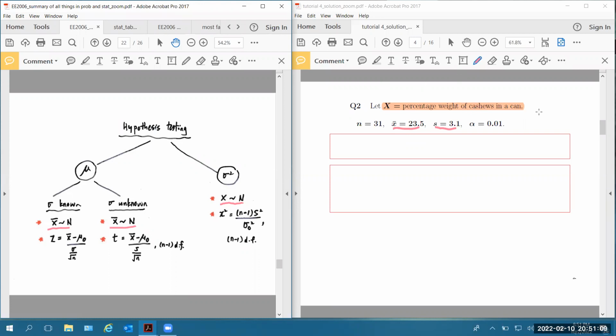It's going to be the mean. I hope it's quite intuitive that to express the inspector's belief, we should look at the mean percentage weight of cashew in the can.